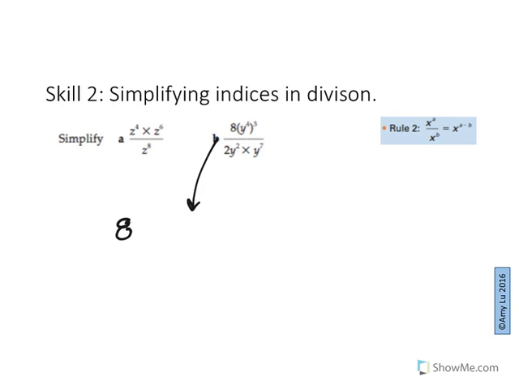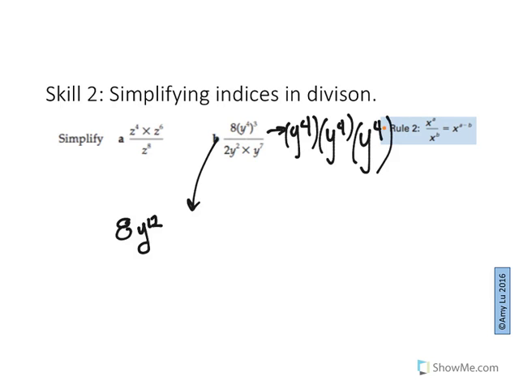Well, if I use the rule from the previous page, this is going to be y to the power of 12, because 4 times 3 is 12. On the bottom, you have your 2, and you have your y squared and your y to the power of 7, and when they're apart like that, you just simply add them, so it becomes y to the power of 9.